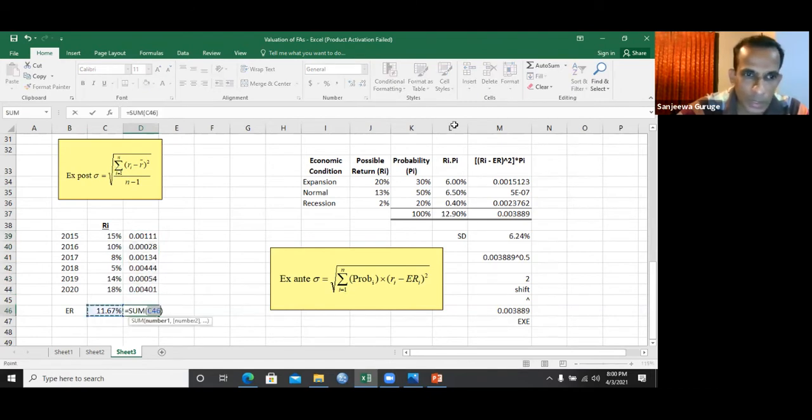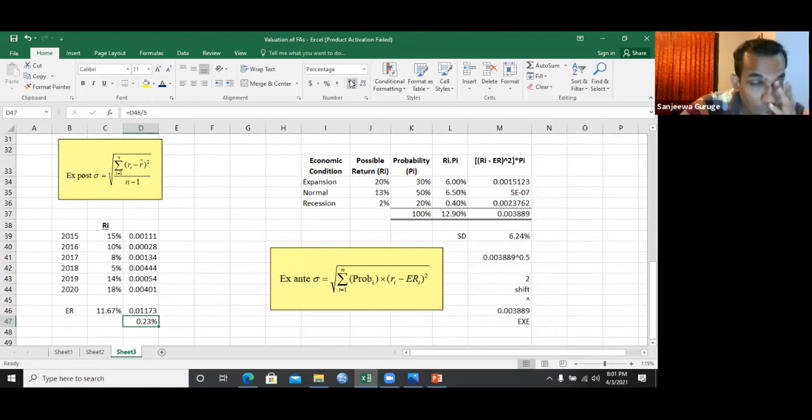The total is this, and then should be divided by n minus 1. So this should be divided by n minus 1. N is 6, minus 1, 5. No, sorry.